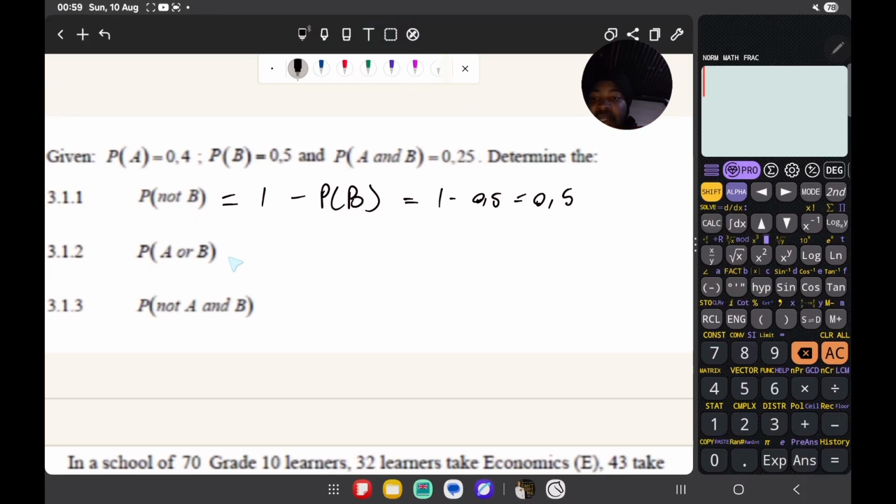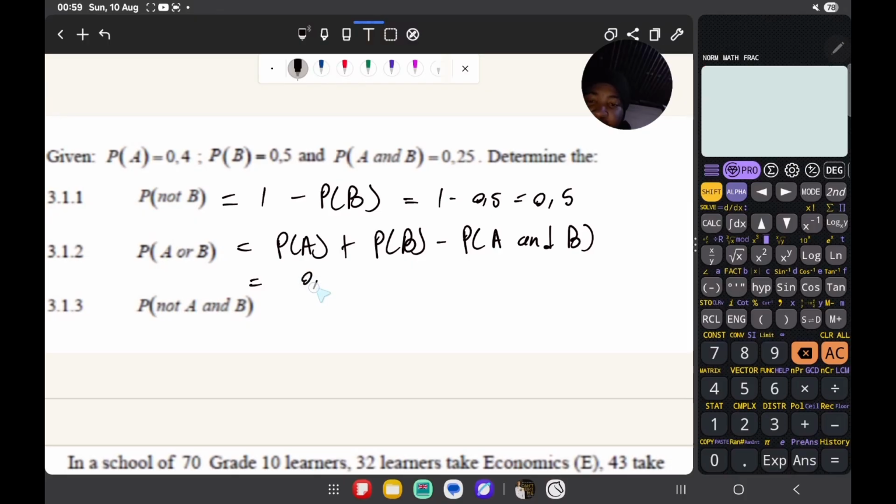Then remember, for this one the formula is the probability of A plus the probability of B minus the probability of A and B, which when we substitute, we're going to have 0.4 plus 0.5 minus 0.25.